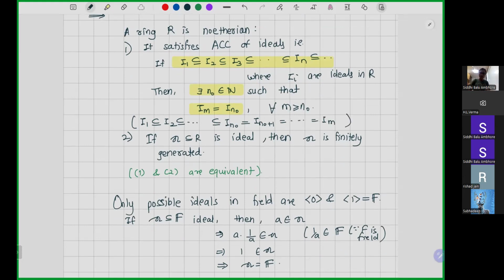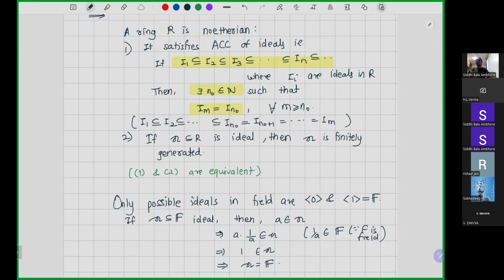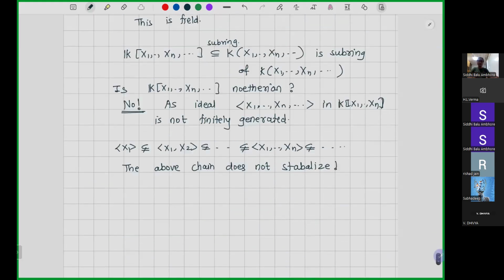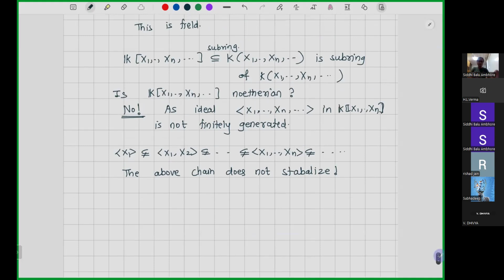Is it okay? So after a while, all the, can you give? Okay, a particular example.